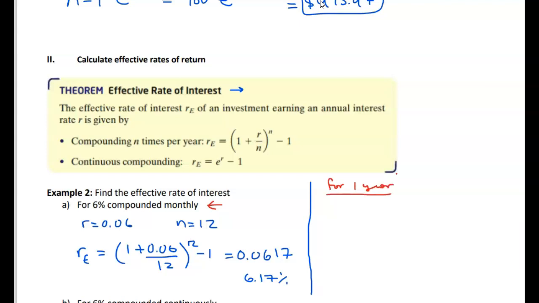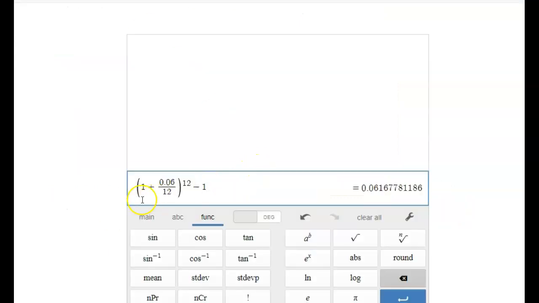All right, so let's say I start with $100, and I'm going to put it in the bank for a year at 6% compounded monthly. Okay, so I'm going to get 100 times 1 plus 0.06 over 12, to the 12. All right, and then let's see how much I get. So 100.